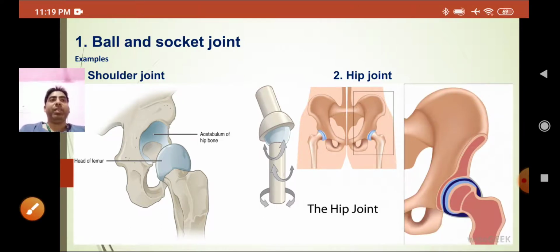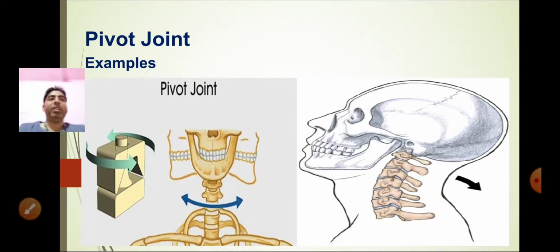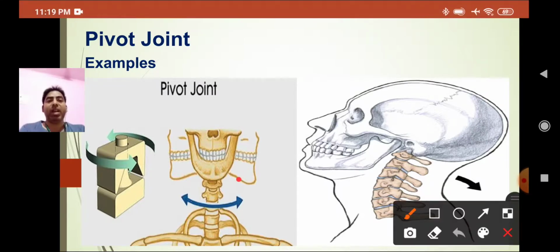Now the second one, the pivot joint. What is a pivot joint? The joint where our neck joins the head is a pivot joint.